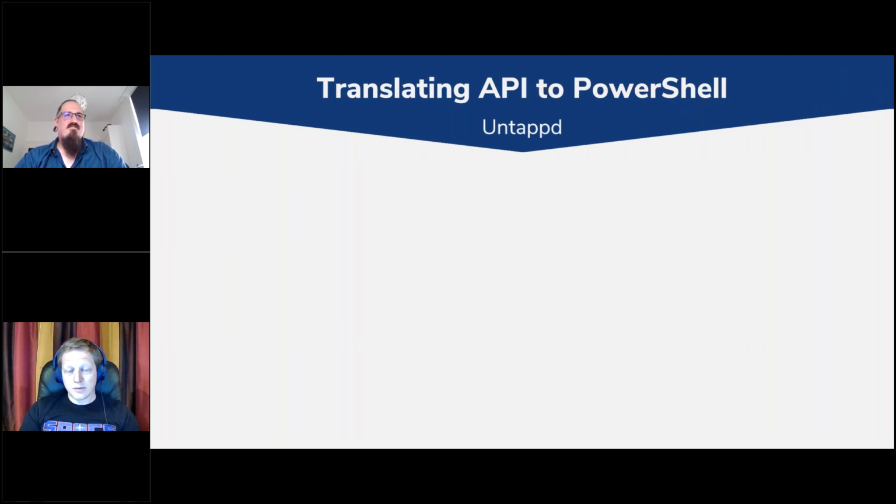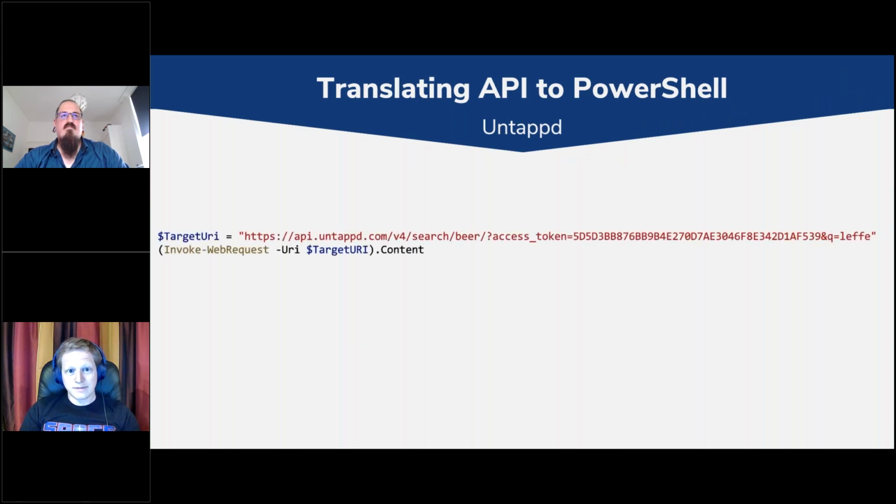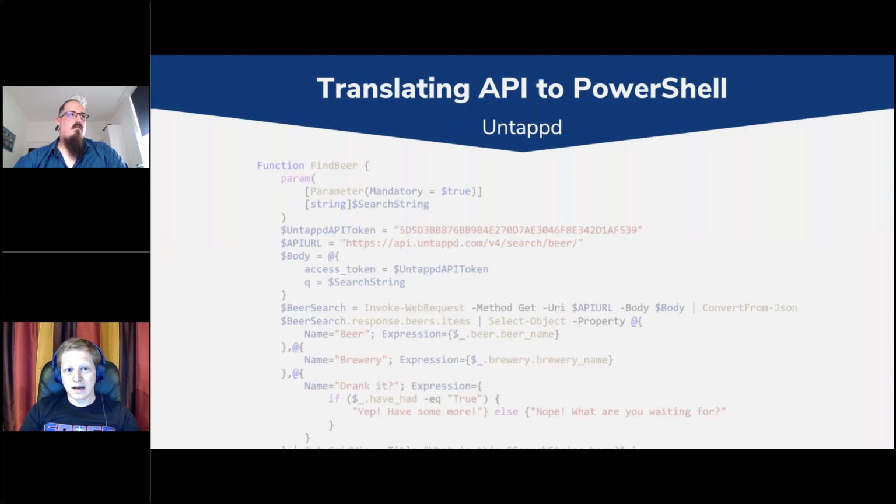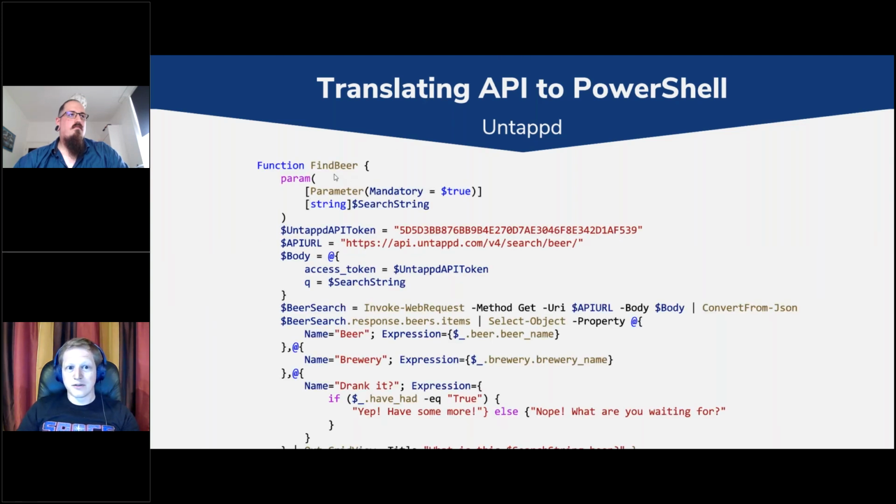So move to the fourth one, Untappd. I could basically do the same thing again, but I want to take one step further. So I wrote a function which is a bit more elaborate. I made a function Find-Beer with one search string, so I can say find beer, let's say Budweiser, and it should give me feedback of all the kinds of beer that I searched for and if I drank them.